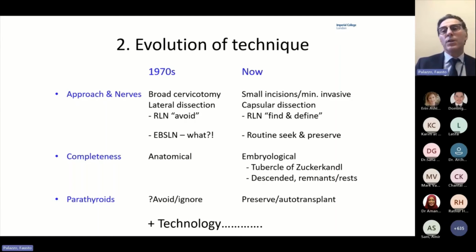The completeness of surgery in the past was you just removed what was in front of you, but now we actually seek out accessory thyroid tissue or embryological remnants like thyroid rests. And finally, the parathyroid glands are for once actually given some respect, and we do everything to preserve their function, and we auto transplant them when we can't. But in the past, the parathyroid glands were not given much importance.